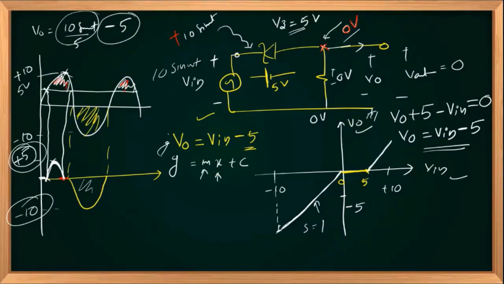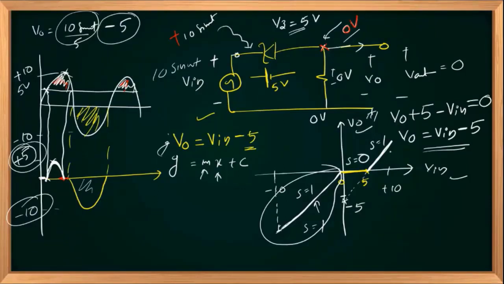So the straight line will start from 5 and go linearly as input goes up. If you extend this, it will cross at minus 5. So in this example, you have slope equal to 1 in this region and here. The first part of the transfer characteristics passes through the origin. The second is flat with slope equal to 0.